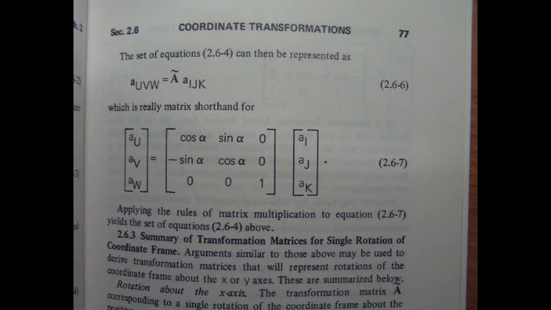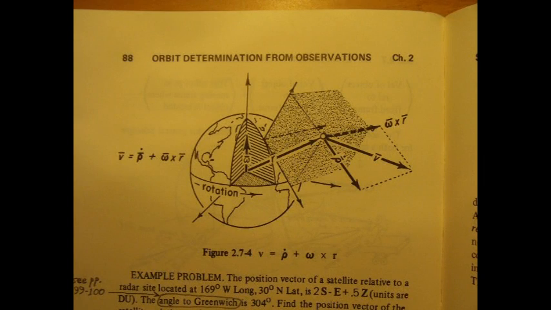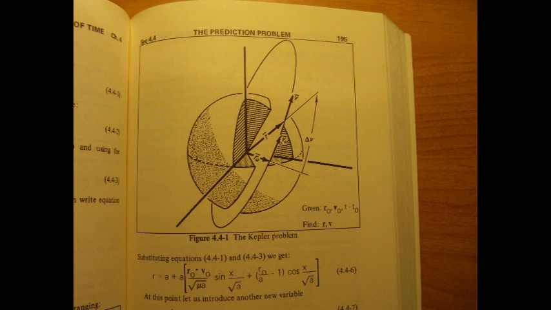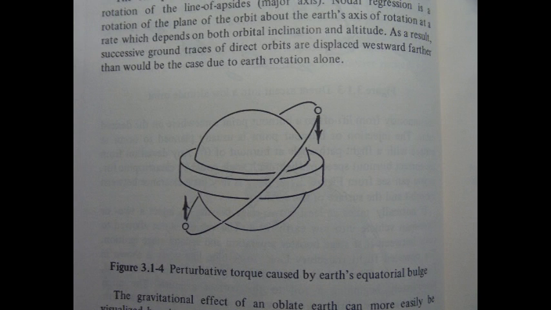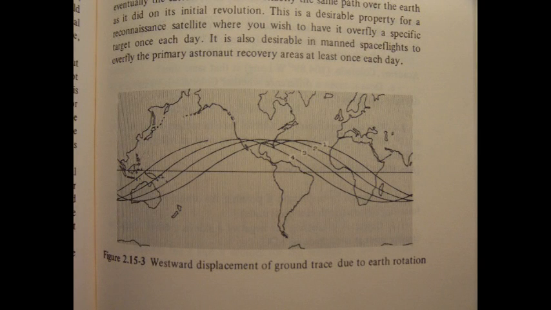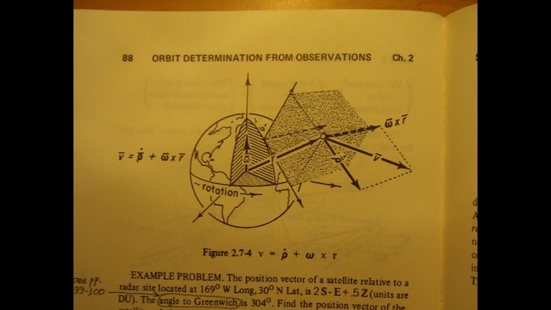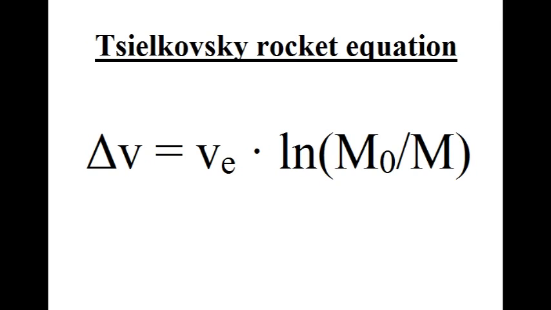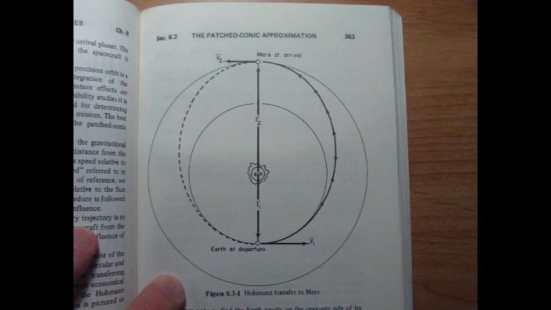It involves rotation matrices and reverse calculation and complete parameterization of the 6 Keplerian elements and approximating the bulge of the Earth as a belt of material and ground tracks and deriving orbits from ground observations and the Tsiolkovsky equation and Hohmann transfers. Astrodynamics is a pretty big field of physics and engineering. There are even people that do it for a living.